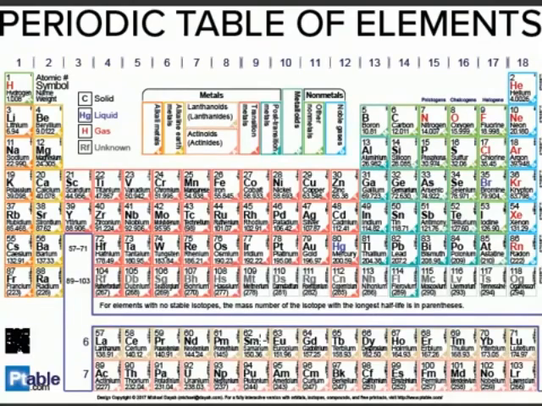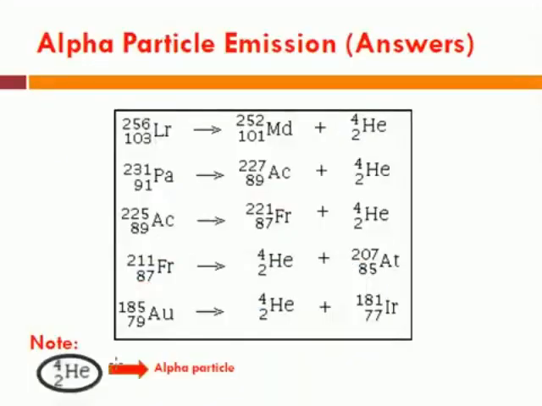The element with atomic number of 77 is iridium. So that is for alpha particle emission or alpha decay. Remember that this one is the alpha particle.